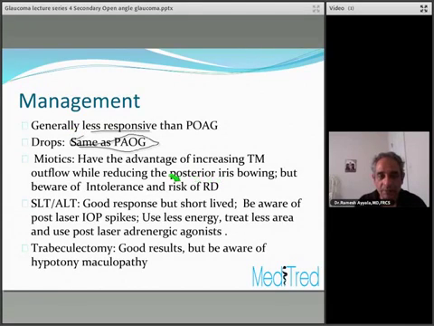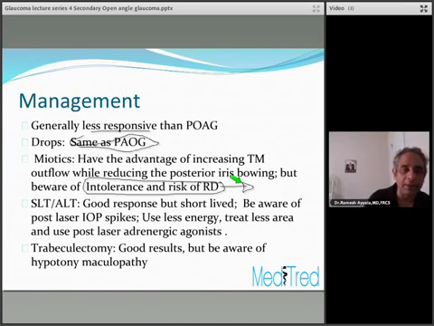So something that we don't use that commonly in my practice, but I do know that there is a significant number of patients on pilocarpine in these patients.